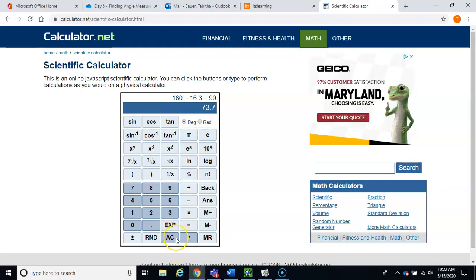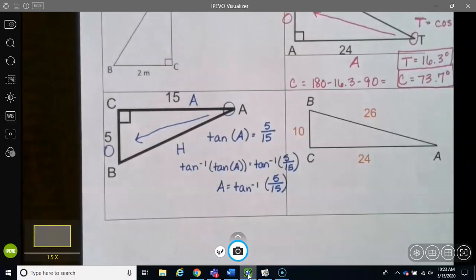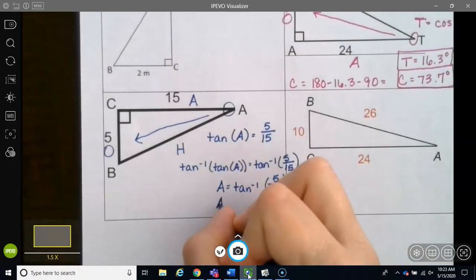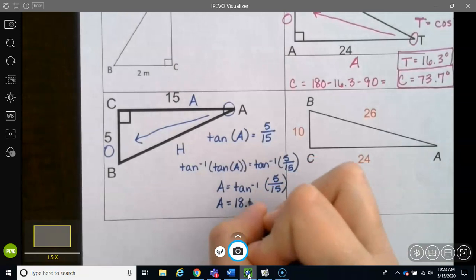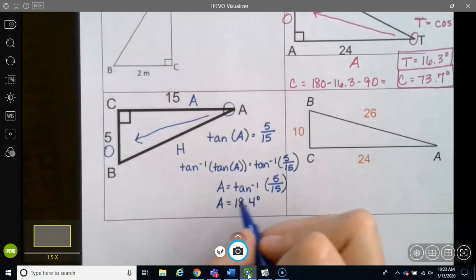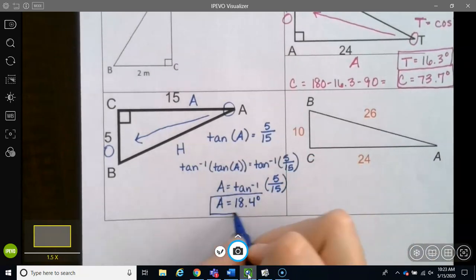Clear this out. Tangent inverse of 5 over 15. So 5 divided by 15. We get 18.43. The 3 means the 4 stays the same, so it's 18.4. So angle A is 18.4 degrees.